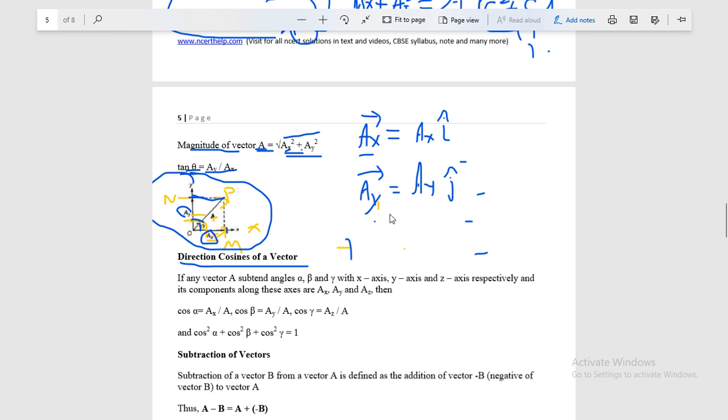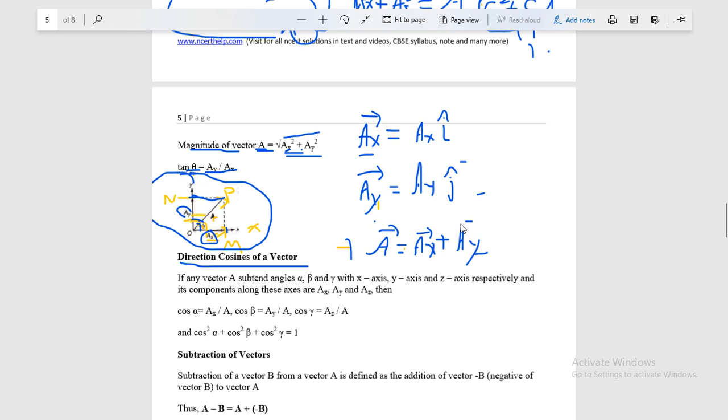Okay, so this vector a can be written as a is equal to, if we use the triangle method of addition, ax vector plus ay vector.